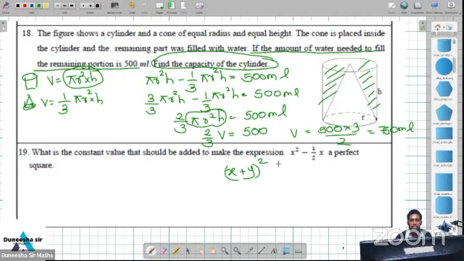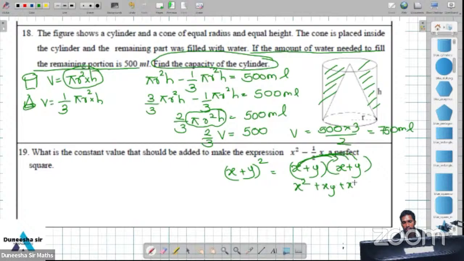Like this: x plus y. ඔය වගේ එකක් තිබ්බොත් x squared, then yx and xy, then xy plus xy plus y squared equal to x squared plus 2xy plus y squared.